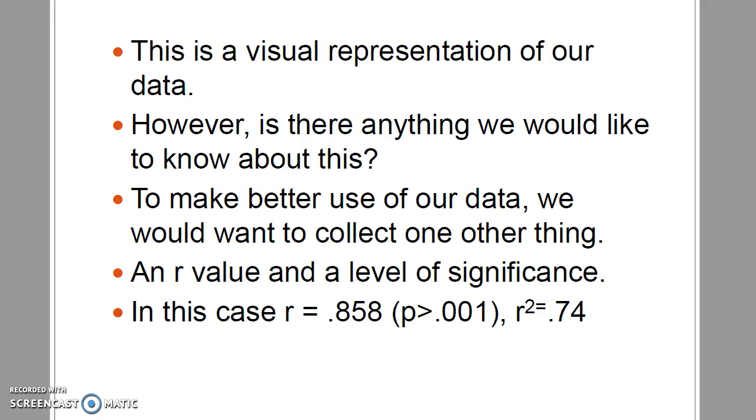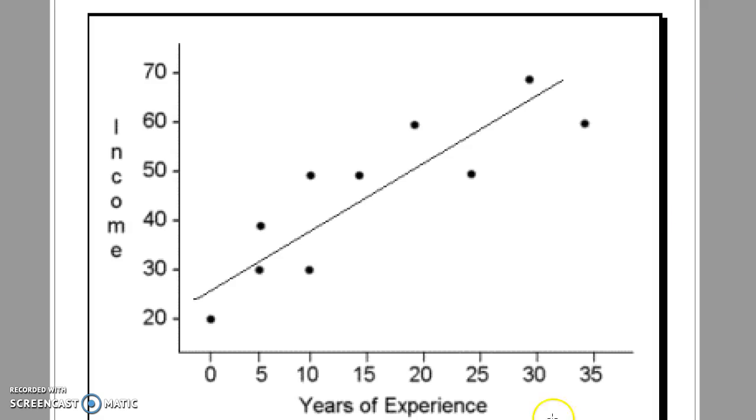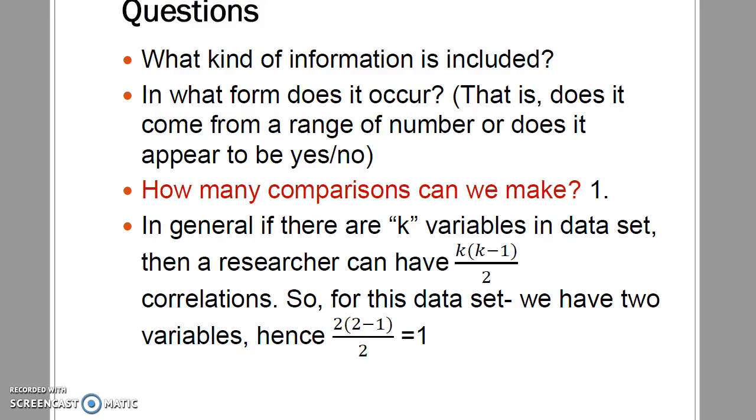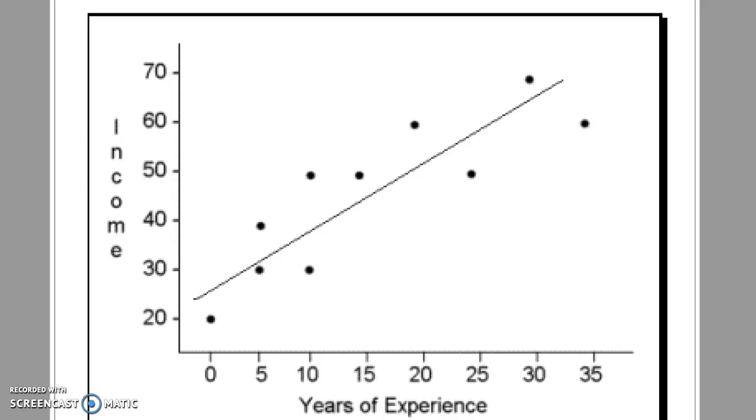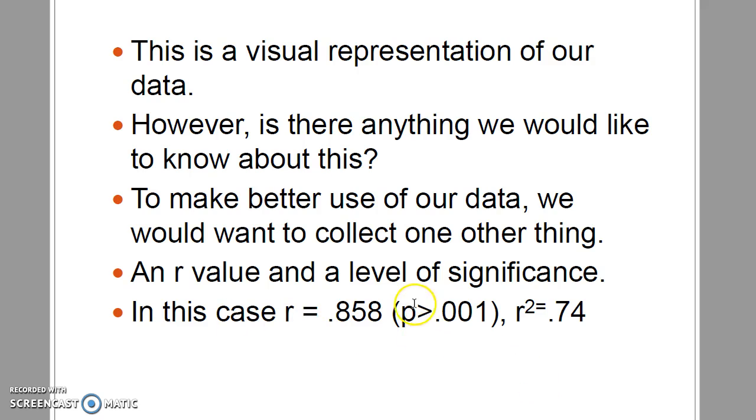The R value is the correlation coefficient, and then we also have a significance value. So in the one that I just talked about in this slide, where it was 0.8, I could take any value, but you have to, so P is greater than 0.001. We'll talk about this as we go forward, but what you really need to see is the R square.